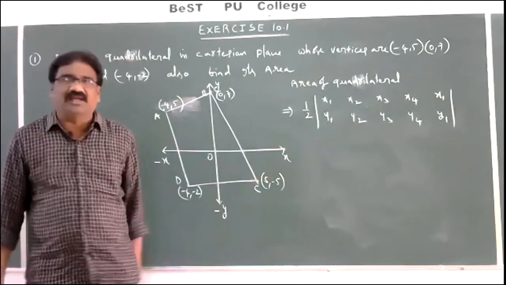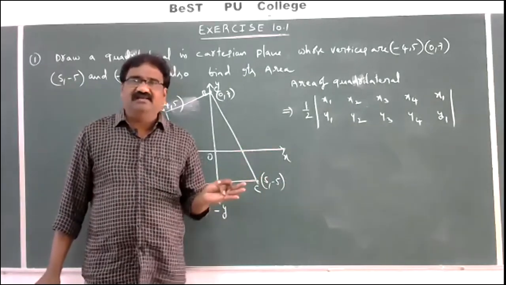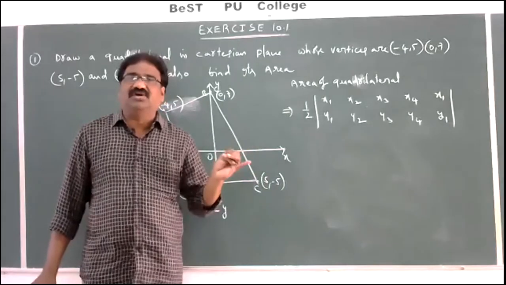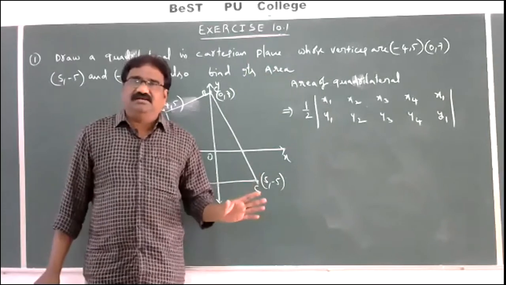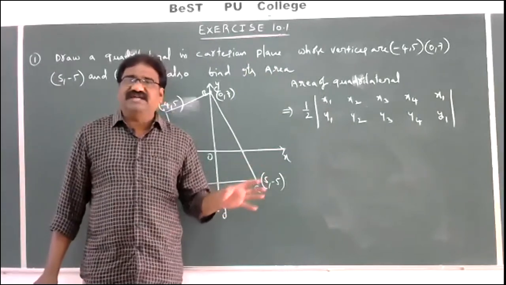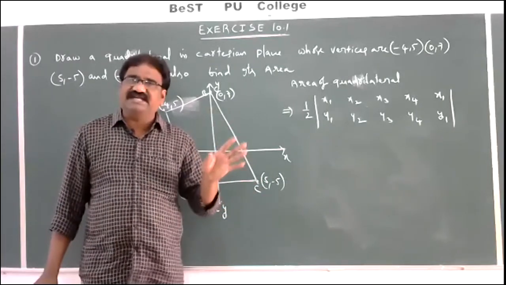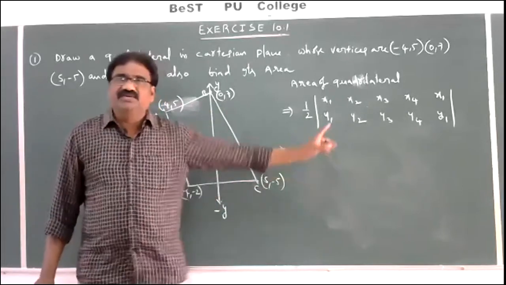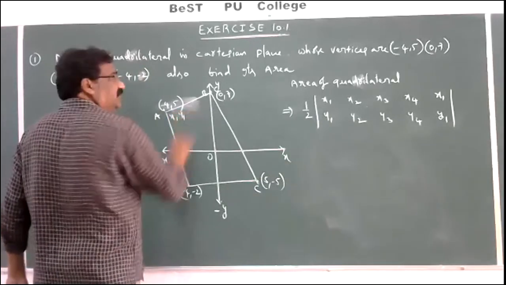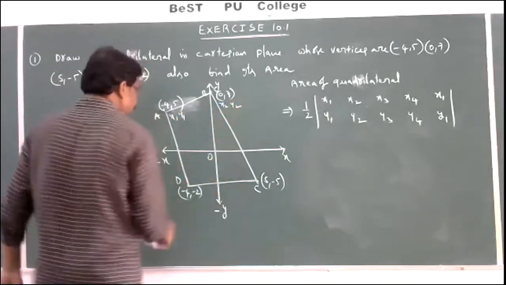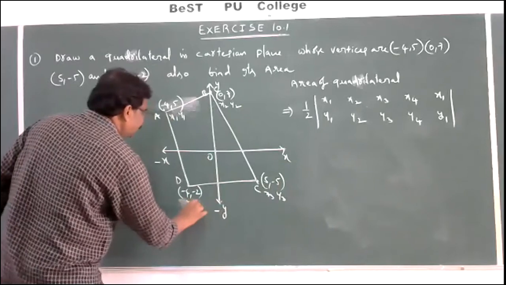This is the general formula, whether it is a triangle, a quadrilateral, a pentagon, an octagon or decagon. Any polygon with any number of sides, whether 3, 4, or 5 sides, you can use this general formula. So here, consider this is (x1, y1), this is (x2, y2), this is (x3, y3), this is (x4, y4).